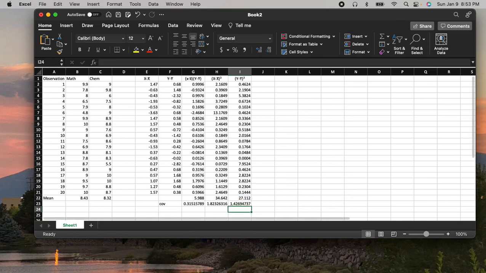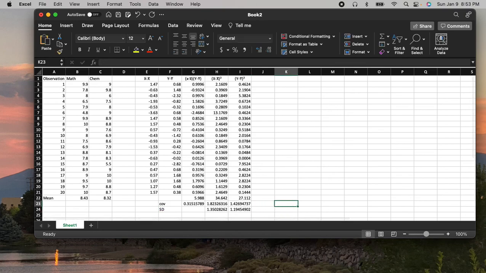Now I need to take the square root of this, and the square root of this, and this is my standard deviation. So I'm just going to write in here standard deviation.